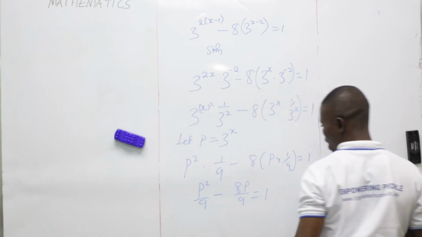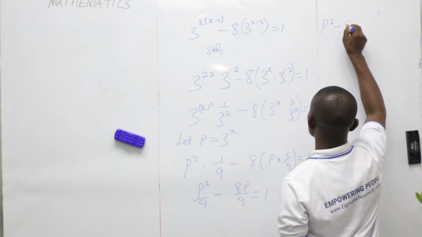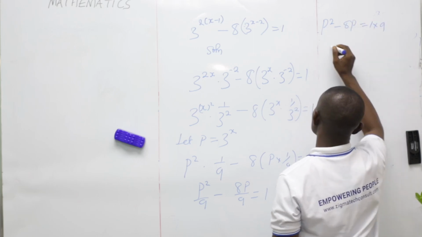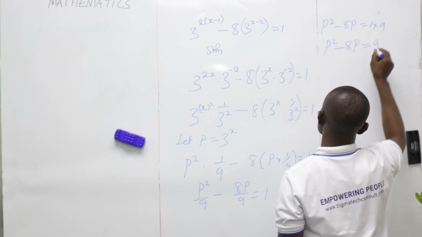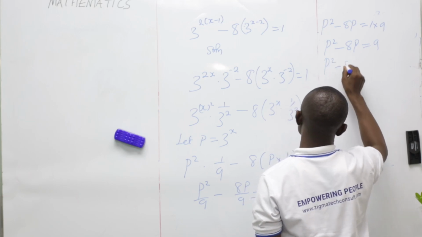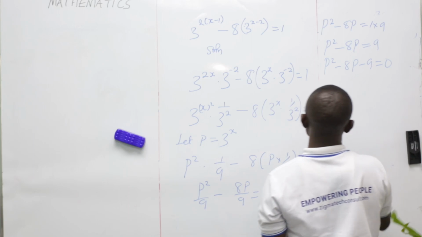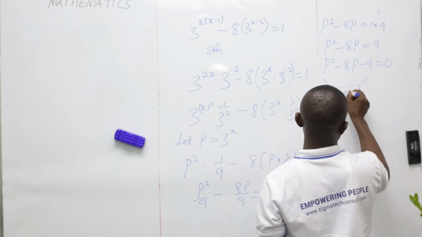So cross multiplying this expression, we have P squared minus 8P equals 1 times 9. P squared minus 8P equals 9. P squared minus 8P minus 9 equals 0. Quadratic equation again, as usual, by splitting method, we have minus 9P squared.